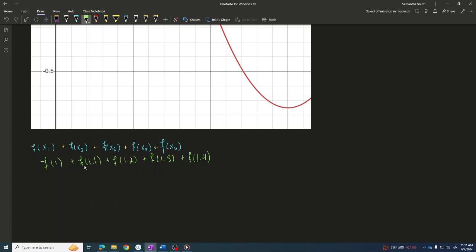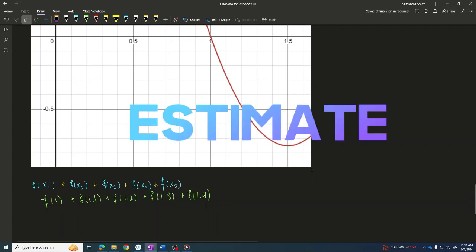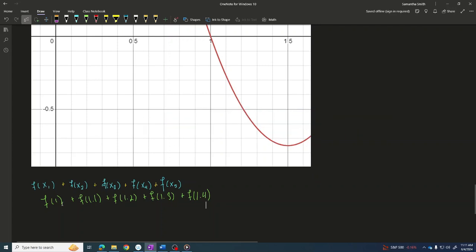To calculate each of these 5 output values, we are forced to use the graph. So let's use the graph to get at least reasonable estimates of the outputs associated with these 5 inputs.